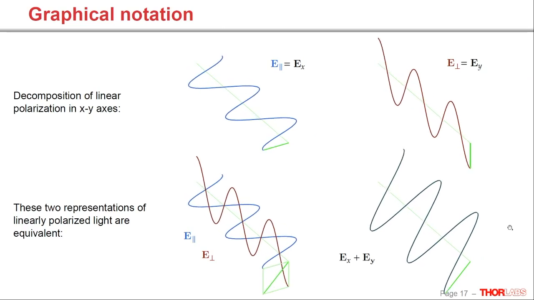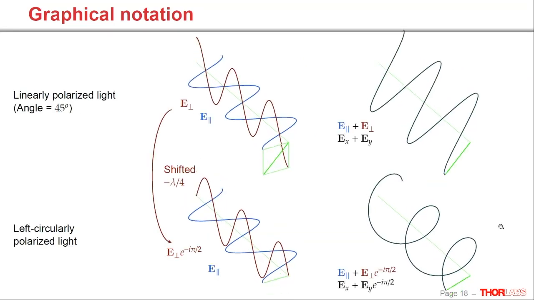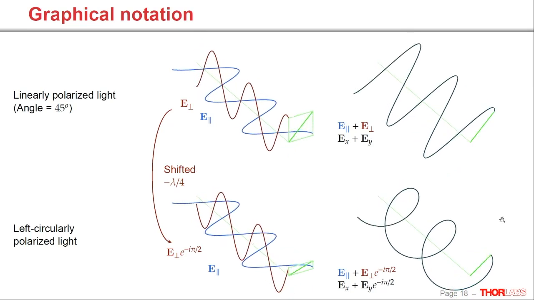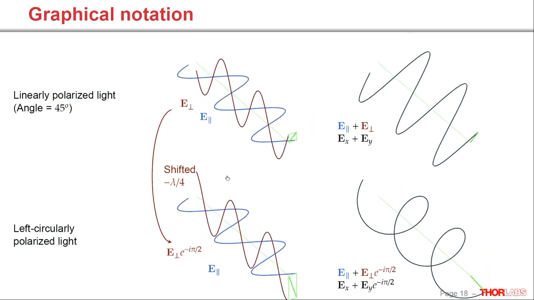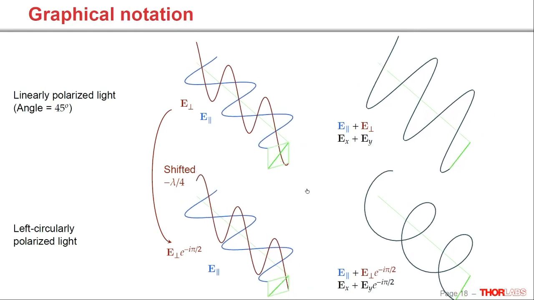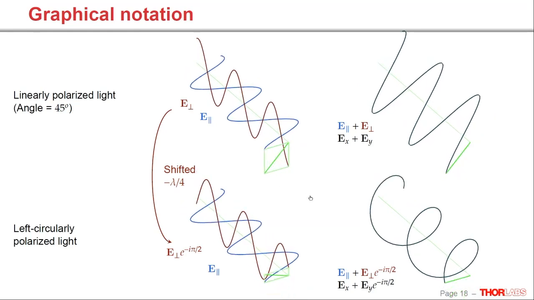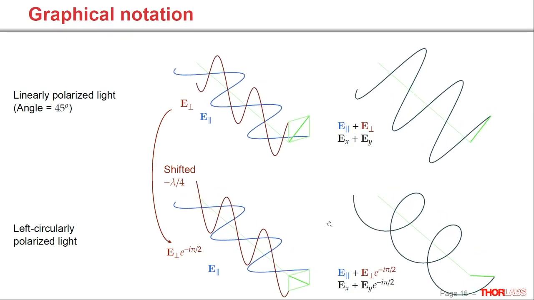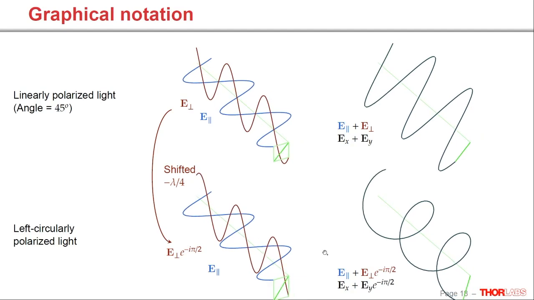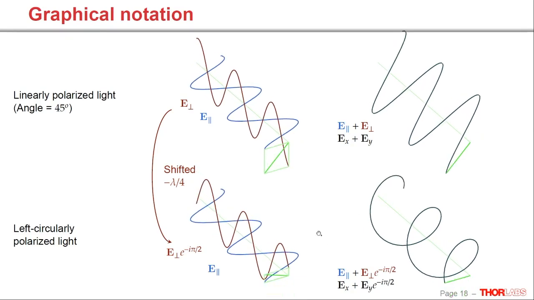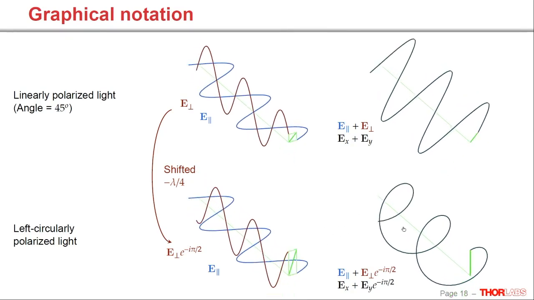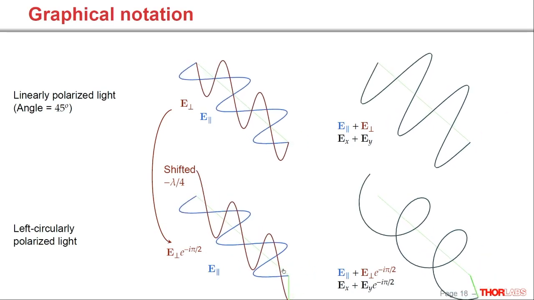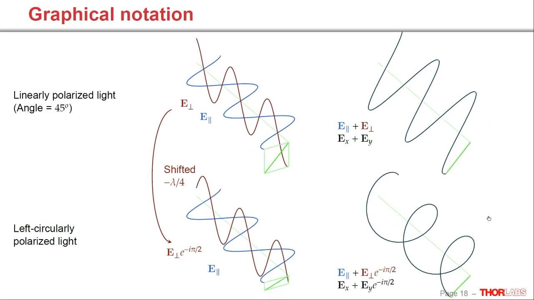We can combine these two exactly in phase, or we can shift one relative to the other. For example, if I shift one of them a quarter of a wavelength, then what comes out is circularly polarized light, and again a detector at the front cannot distinguish between both situations.